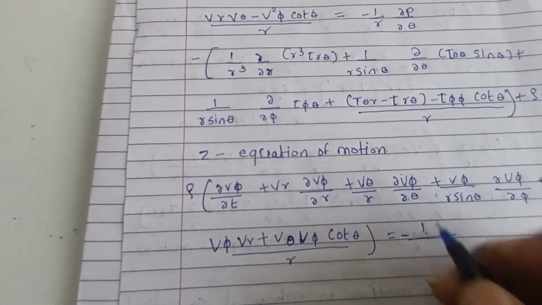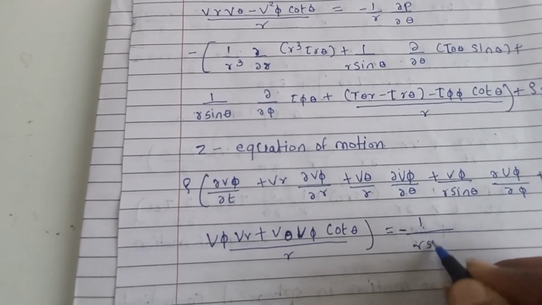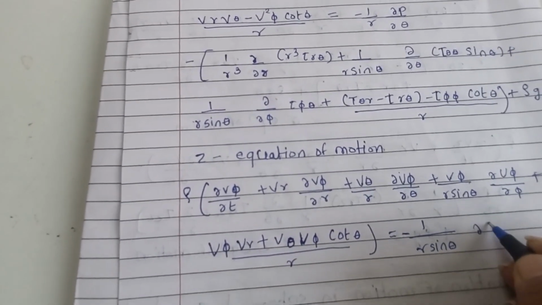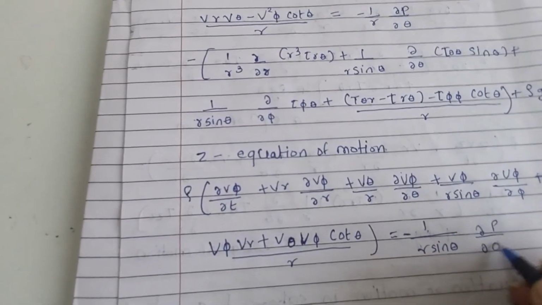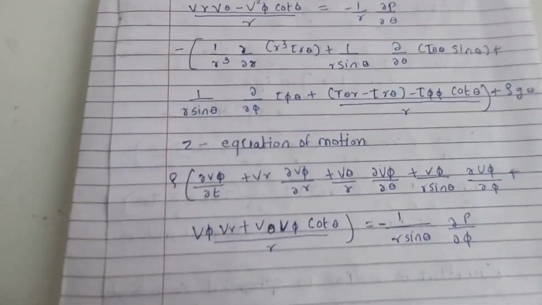Then we can write the right hand side term, that is minus 1 upon r sin theta into del p upon del phi. That is the phi equation of motion.